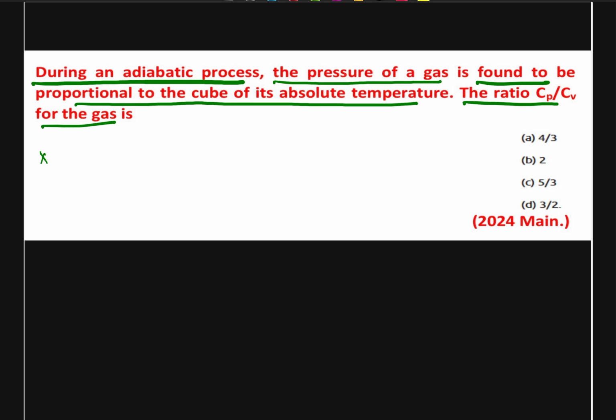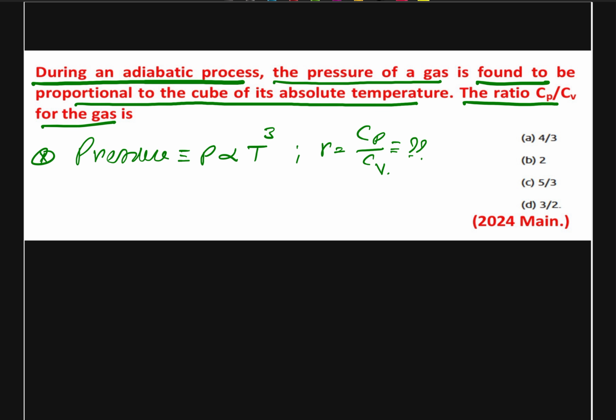So we can say that our pressure P is proportional to cube of the temperature, and we have to find out the C of P to C of V, means we have to find out the gamma. That is our C of P upon C of V. This we have to find out, and the process is adiabatic.